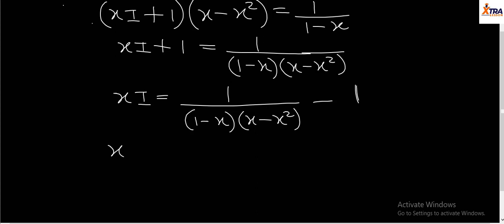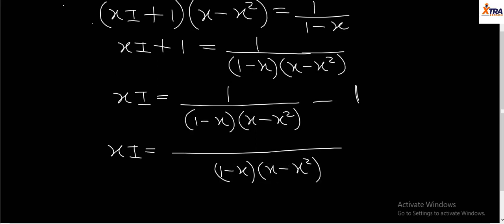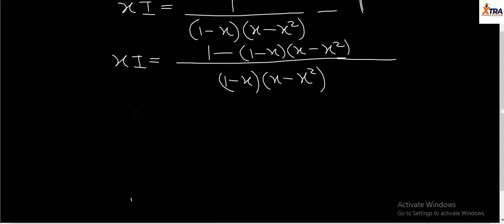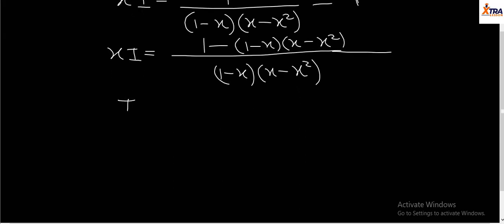I can break this down to say this is 1 minus (1 minus x) times (x minus x squared), over (1 minus x) times (x minus x squared). Expanding this will give me I into bracket 1 minus x squared minus x squared plus x cubed by expansion.